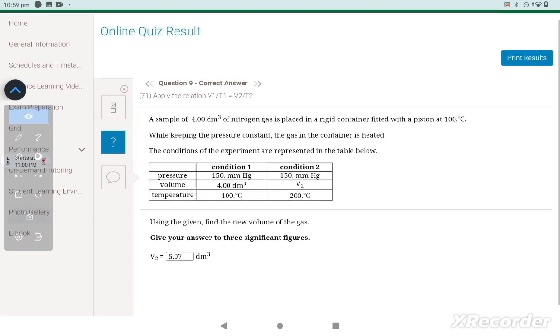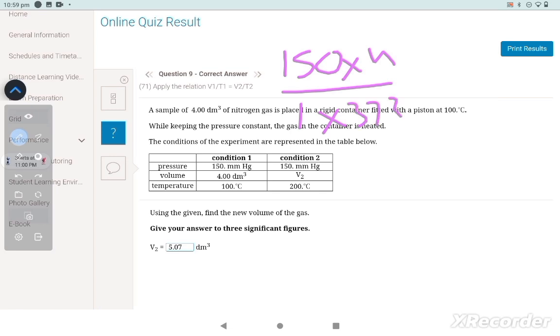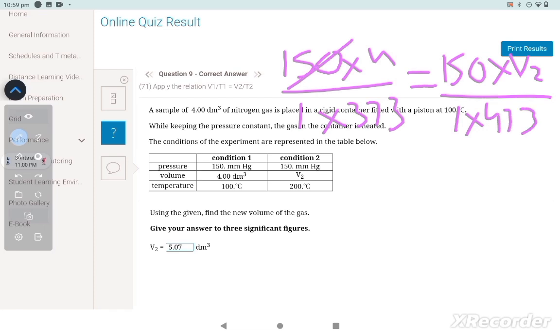Okay, this one, P1V1, so we can do 150 times 4 over 1 times 100 plus 273, 373 is equal to 150 multiplied by volume over 1 times 473. Cancel.